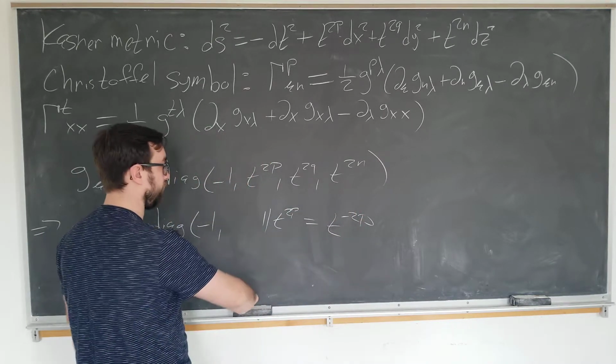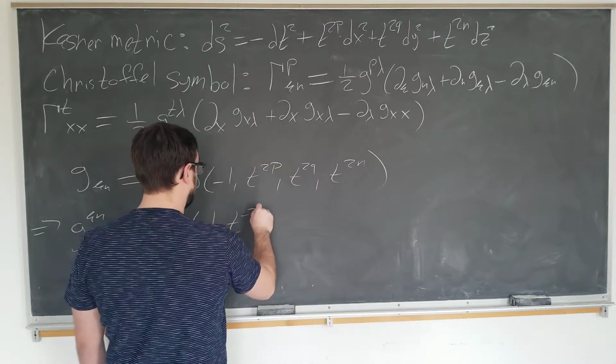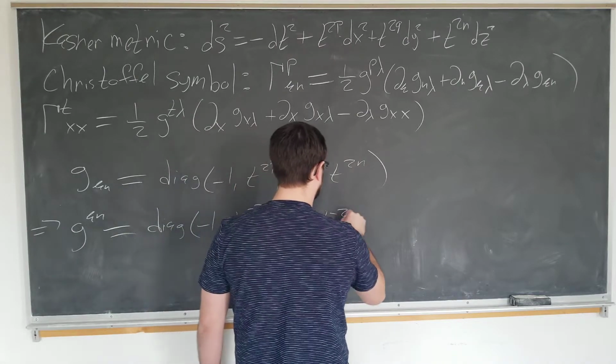That's how we're going to write it for the rest of this video: t^{-2p}, t^{-2q}, and t^{-2r}.